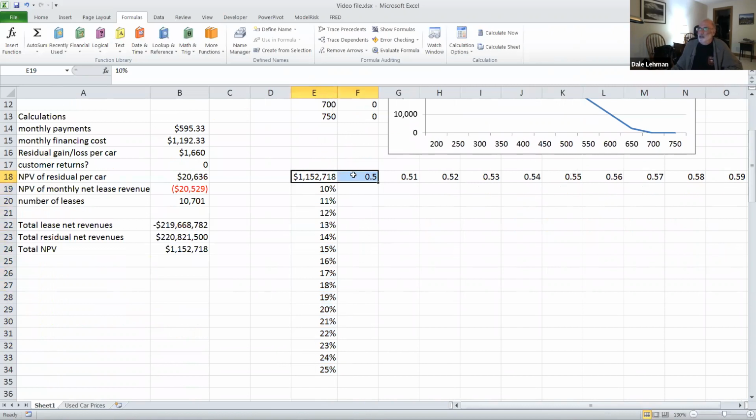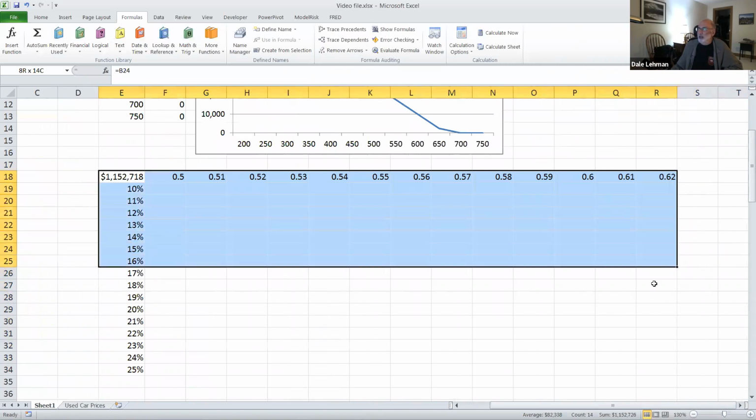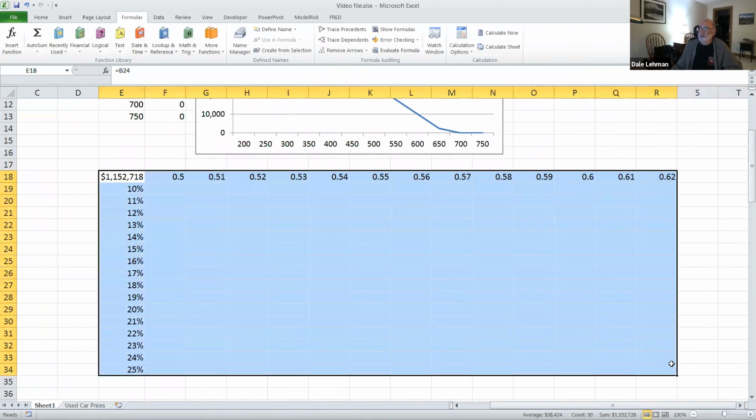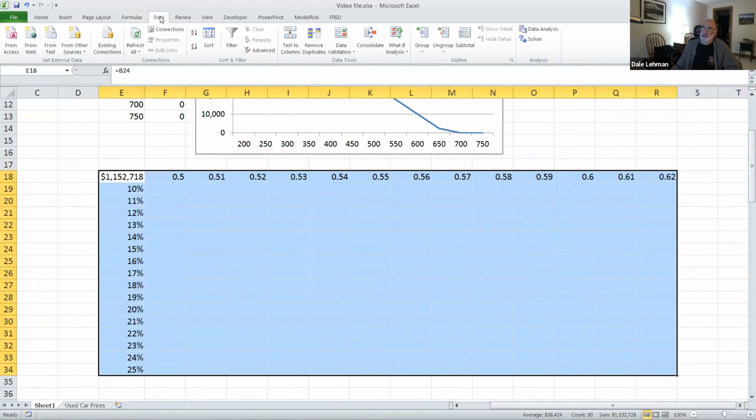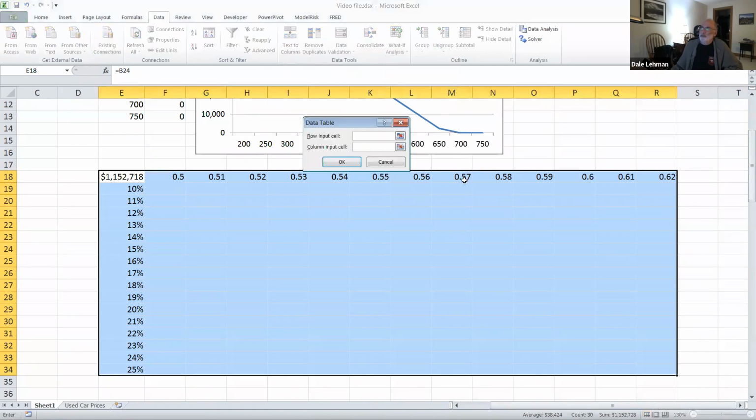I've got my table set up now. What we want to do is highlight the entire table. Under Data, What If Analysis, there is a data table command. Our row is our different contract residual values.